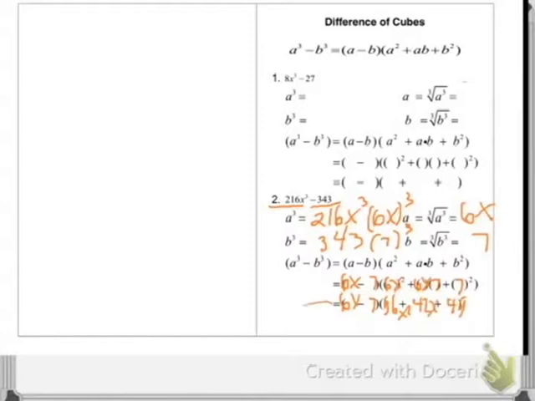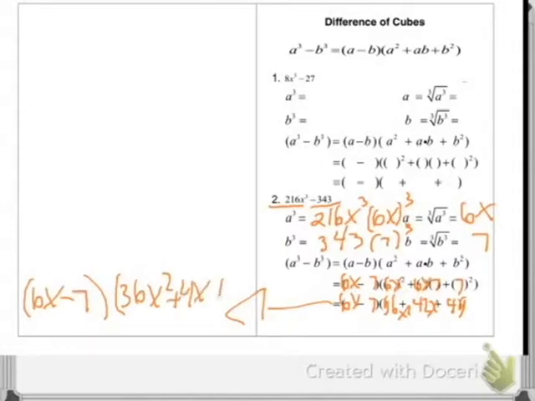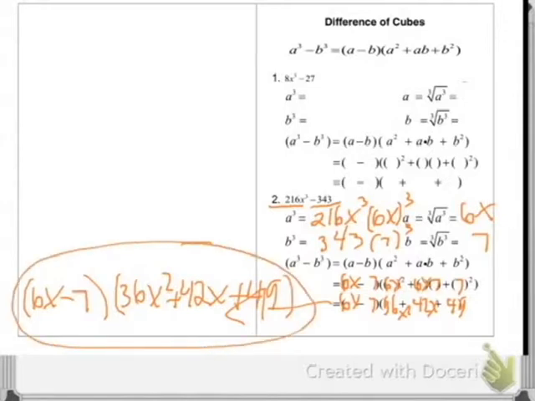Write it over here so you can see it a little better. Your final answer would be 6x minus 7 into 36x squared plus 42x plus 49. And that's as simple as that.